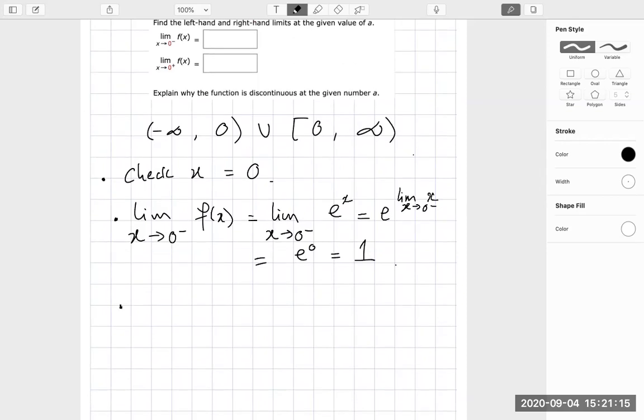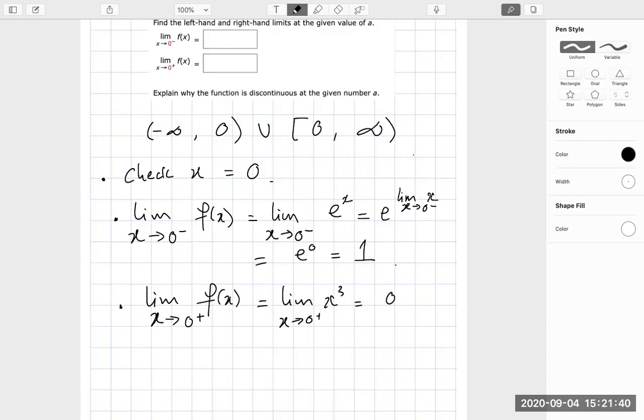How about the right-hand limit? When x approaches 0 from the right side, the function f of x takes the value of the cube function here, which is simply 0, because this function is continuous at 0. So what we need to do is substitute the value.